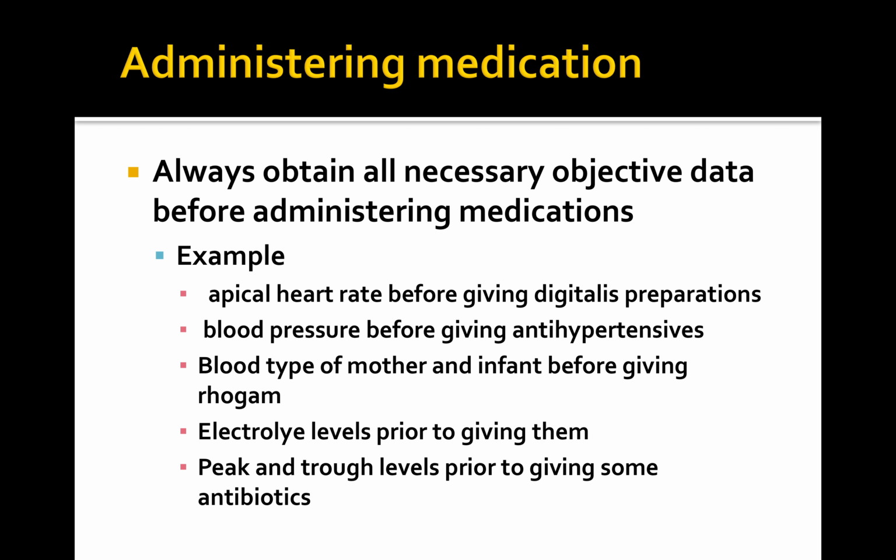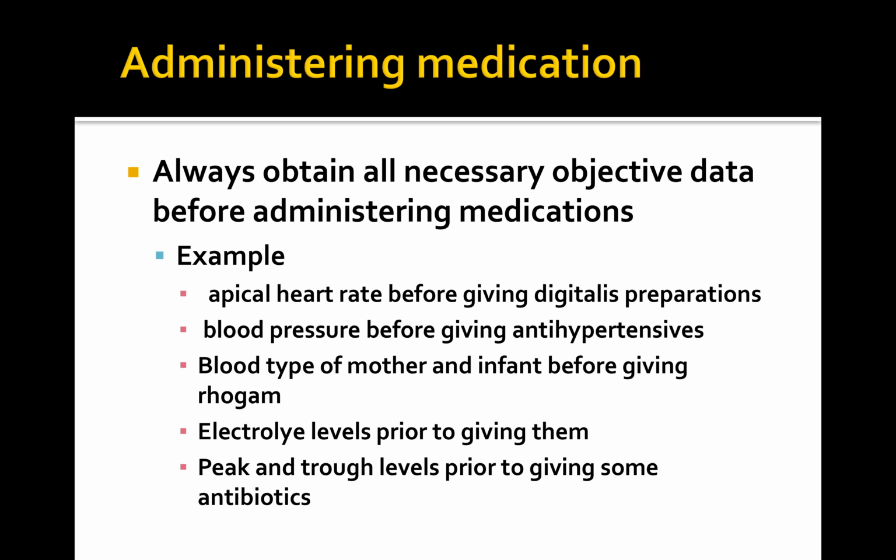If you're standing at the bedside and you're going to give an antihypertensive medication, because we may be dropping the blood pressure out, we have to make sure that the blood pressure is in the range that the doctor wants it in before we give the antihypertensive. Blood type of mother-infant before giving RhoGAM.